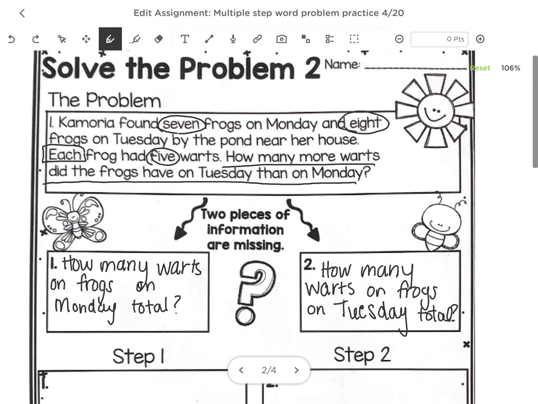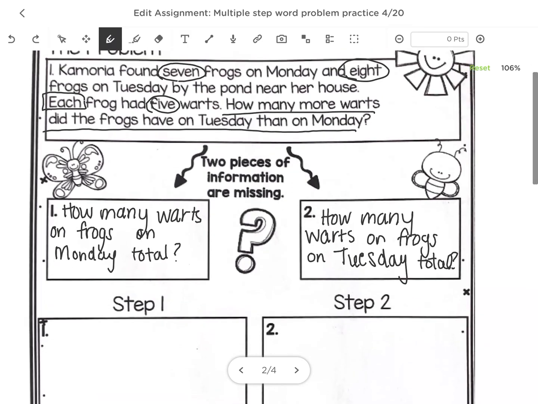So we have to figure those things out first before we can answer our question. So we're going to take those two pieces of information and we're going to solve those in step 1.